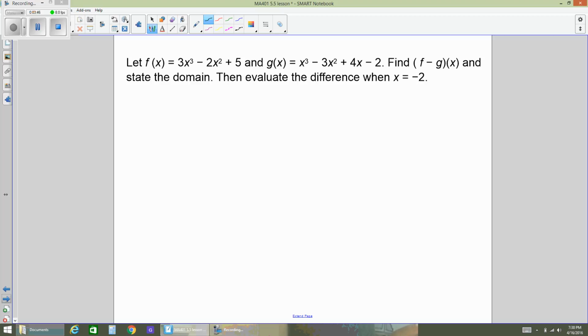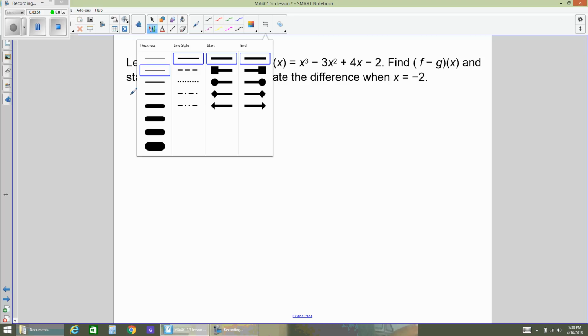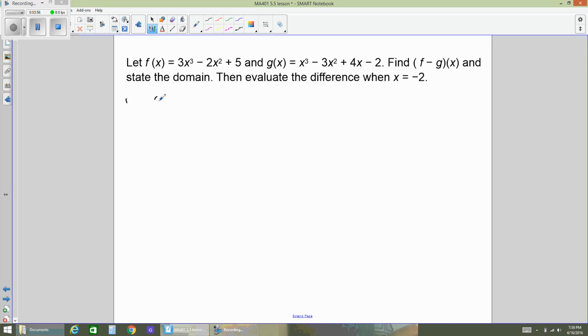Okay, since it is f minus g, the f comes first, or the f goes on the top. I'm going to see if I can get a better pen here. There we go. All right, so I have 3x cubed minus 2x squared plus 0 x's plus 5.